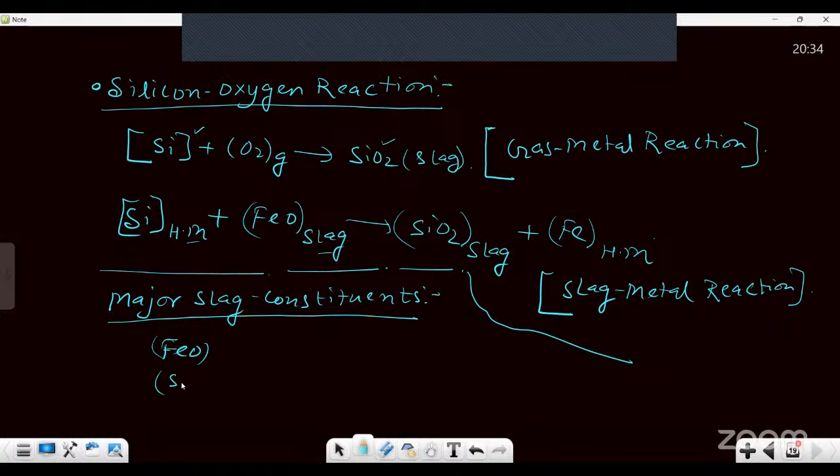It will also have SiO2 and it will also have CaO, calcium oxide, if the slag is basic, since we are adding flux. So anyway, the slag will have these as the primary constituents.